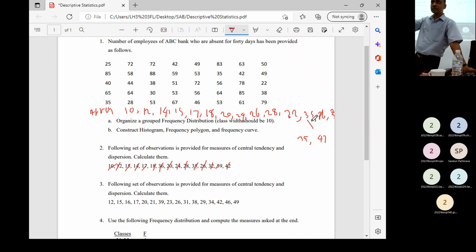You have done the stem and leaf diagram. Attapattu, you have done, I know that you have done. Right, stem and leaf diagram.